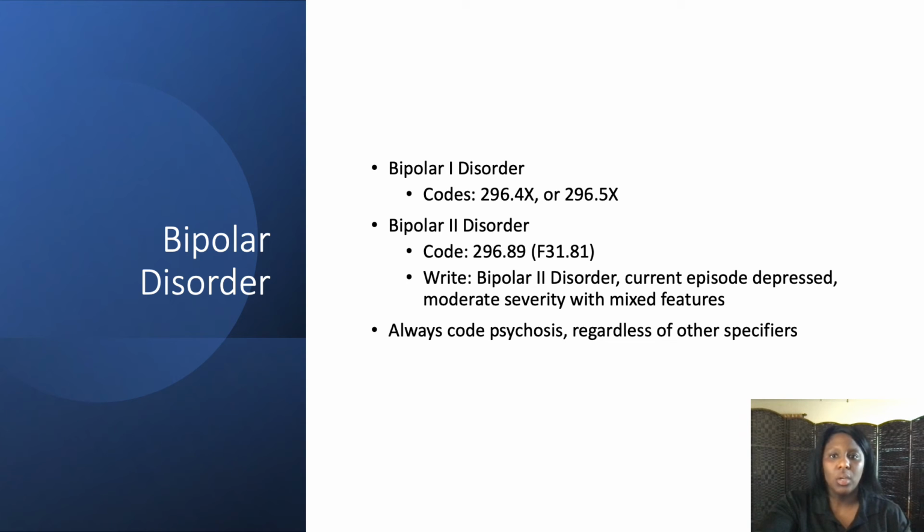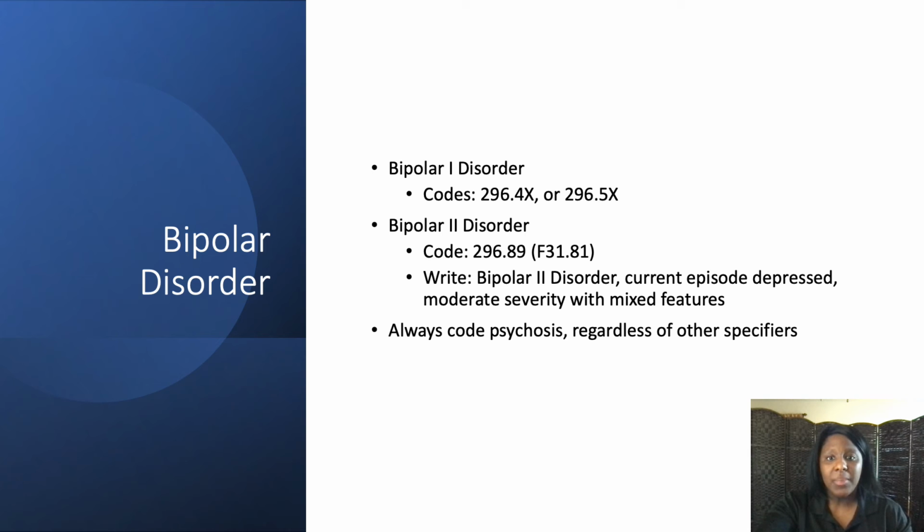So bipolar 1 disorder, or perhaps even bipolar 2 disorder, the current or most recent episode, the severity or psychotic remission specifiers, followed by as many specifiers without codes as applied to the current or most recent episode. So as an example, you might code bipolar 2 disorder, current episode depressed, moderate severity with mixed features. Take a look at page 127 in your DSM-5 for specific information.